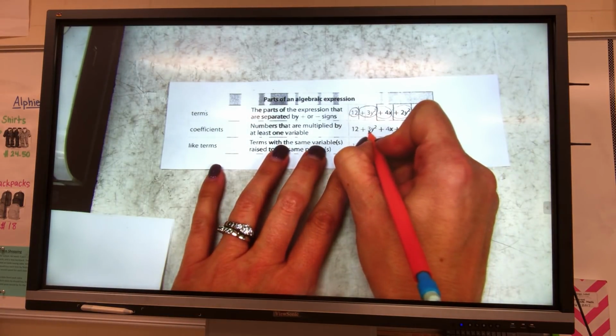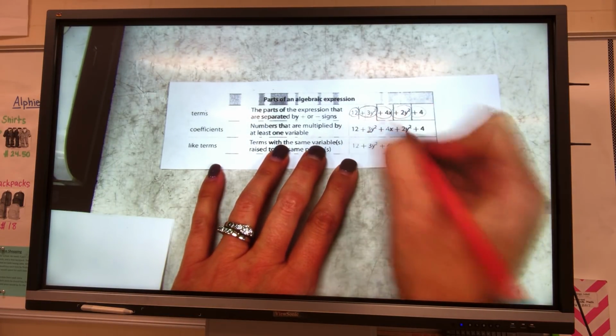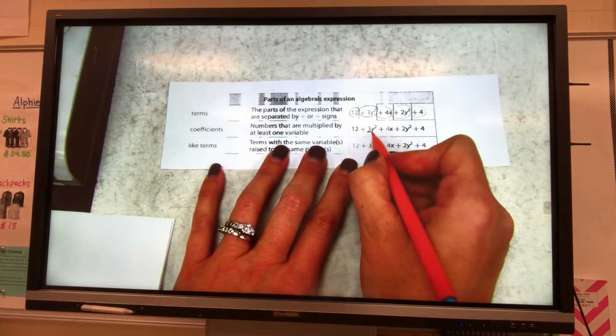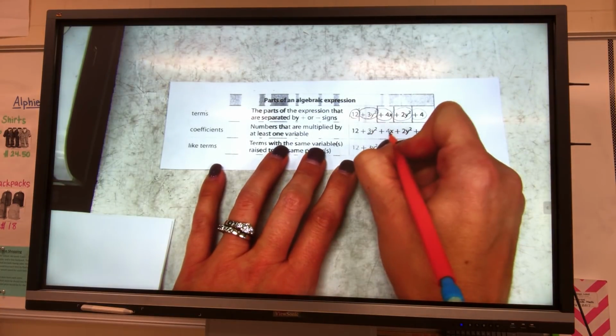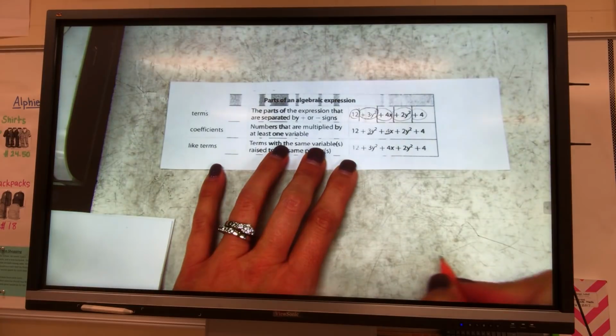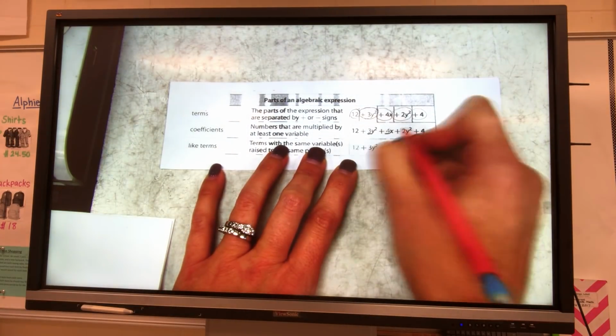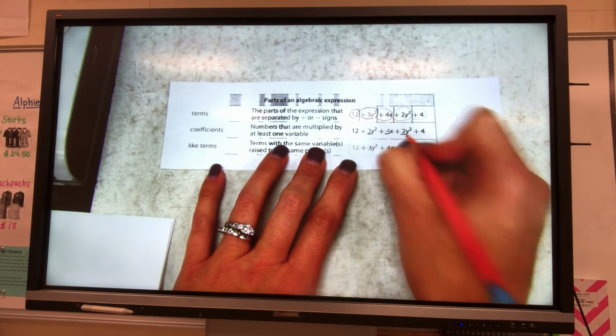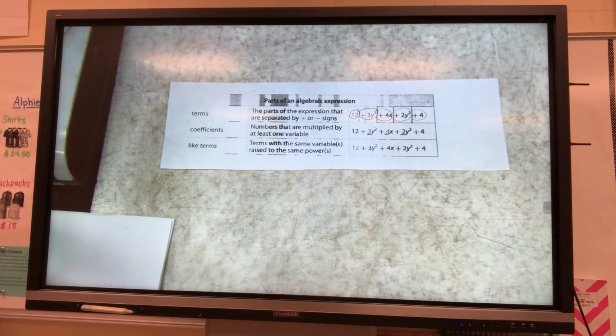So in this problem, 3 is a coefficient because it is smashed up against a y. 4 is a coefficient because it's smashed up against the x. 2 is a coefficient because it is smashed up against a y squared. Now 12 and 4 are not coefficients because they are not smashed right up against a variable. They're not connected.